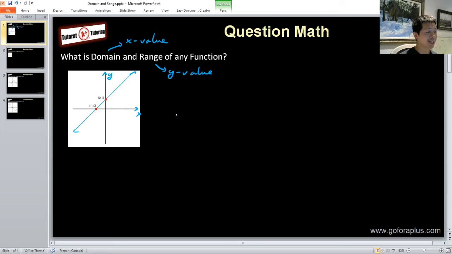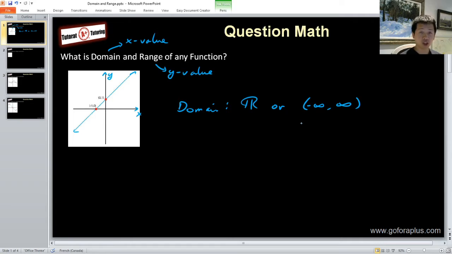In this graph, the domain is basically all real numbers. We write all real numbers, or we use minus infinity to infinity. When we use a round bracket like this, it means excluding.